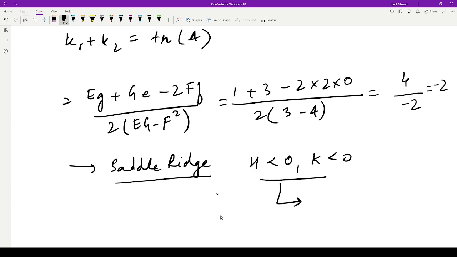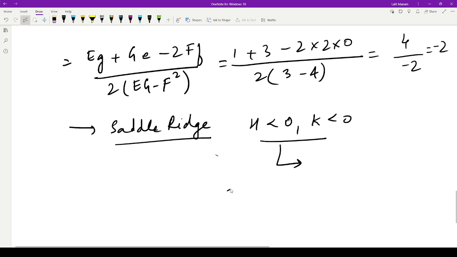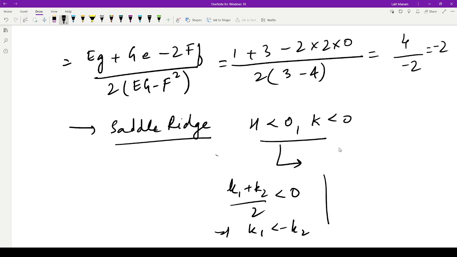So what does this mean? H, which is k1 plus k2 by 2, is less than 0, which means k1 is less than minus k2, right? And k1 k2 is less than 0.